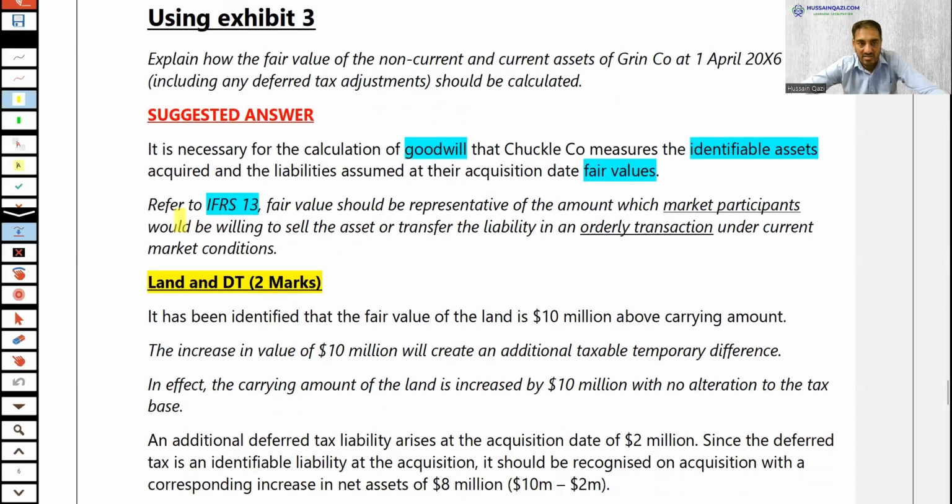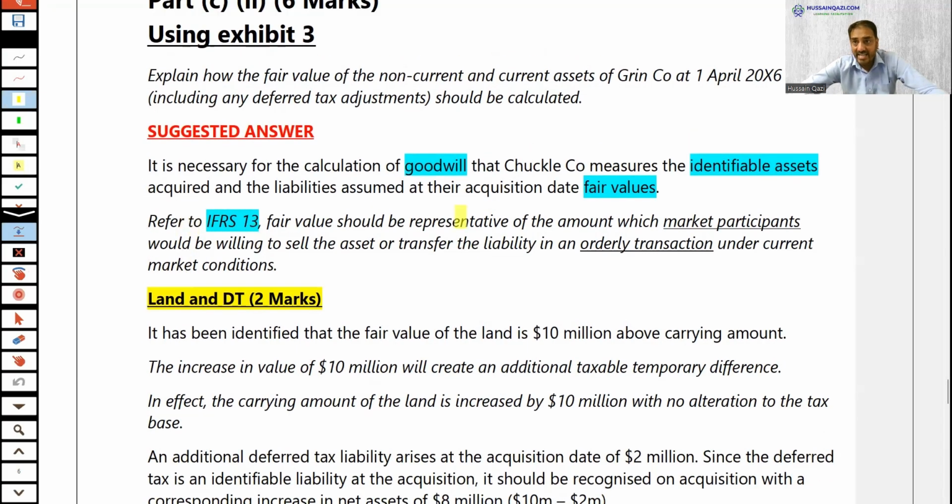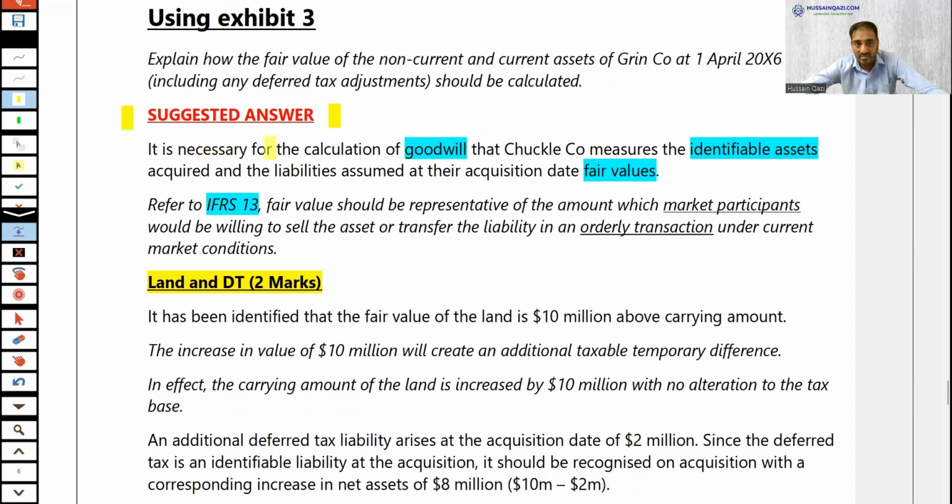Now, the suggested answer. It is necessary for the calculation of goodwill that Chuckle measures the identifiable assets acquired and the liabilities assumed at their acquisition date fair values. So it's a very basic reference connected with the case, in very simple language.